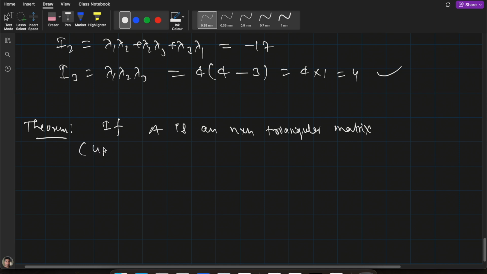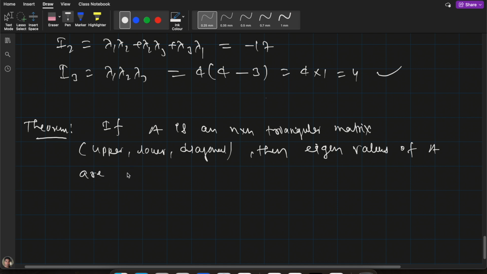And what are those? Upper, lower, and diagonal matrices. Then the eigenvalues of A are the entries on the main diagonal of A.